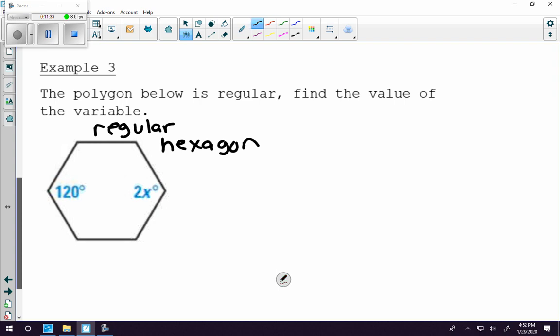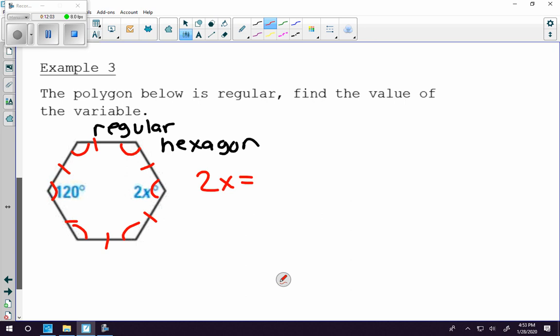It's also concave. Now if it's regular, it means all the sides are congruent, but it also means all the interior angles are congruent. So it's both equilateral and equiangular. Using this notion of equiangularness from the regular hexagon, we know that all interior angles are congruent.